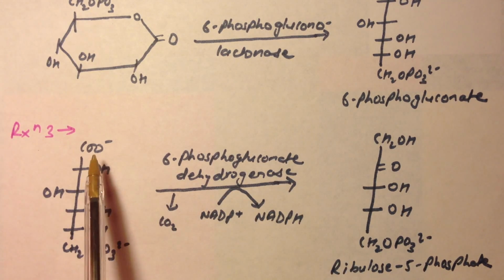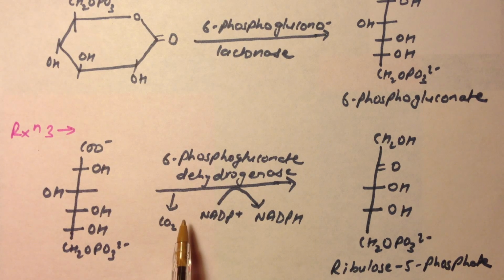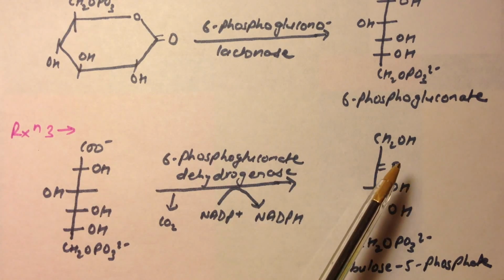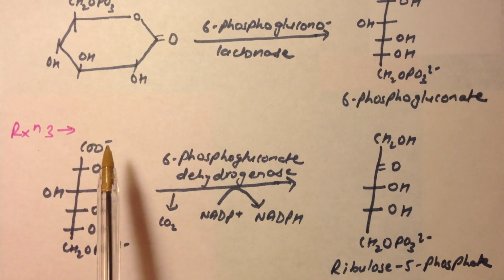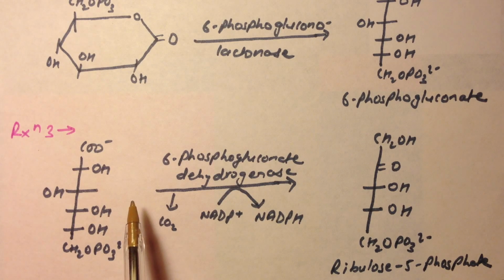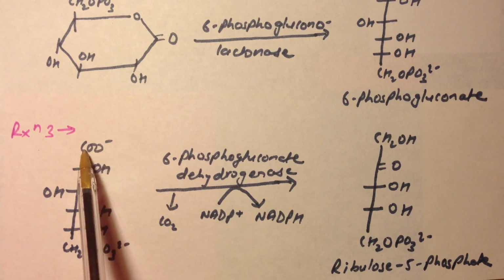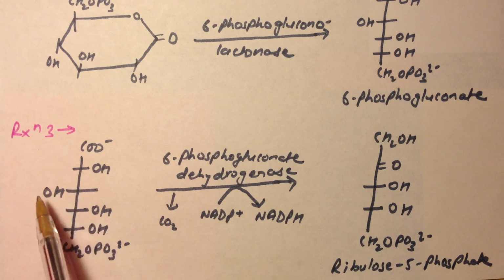During this process, this top COO minus gets out as CO2, and this OH is oxidized into a carbonyl oxygen. So in this process, two things happen: one is oxidation and one is decarboxylation. This CO2 goes away, that's decarboxylation, and this is oxidized, that's oxidation.